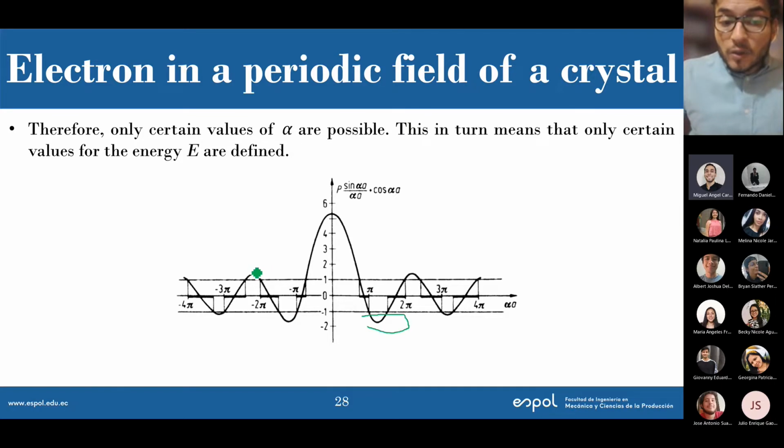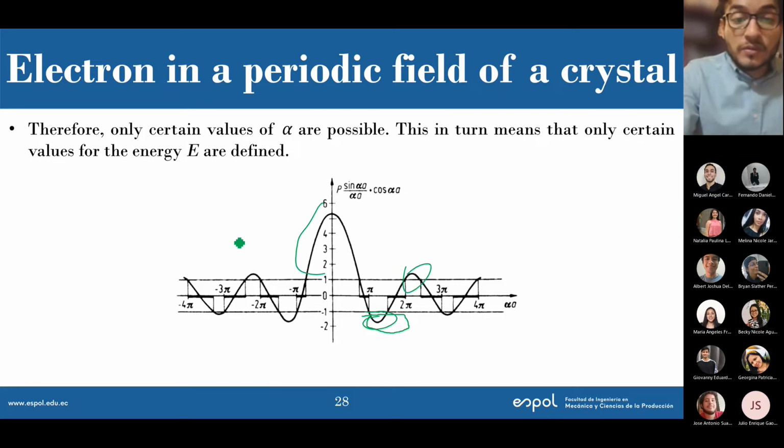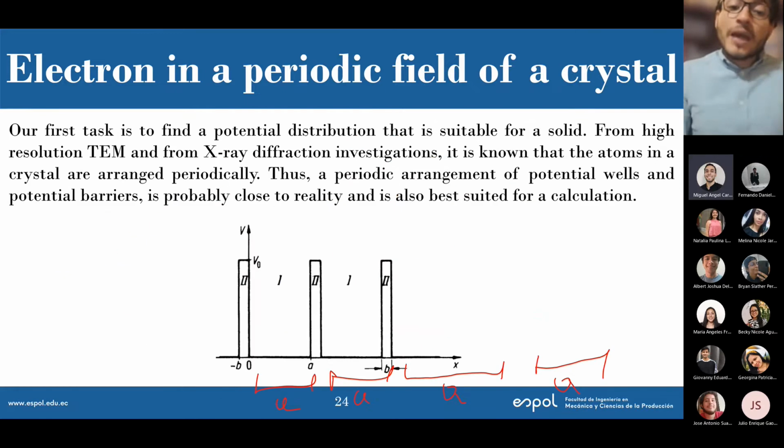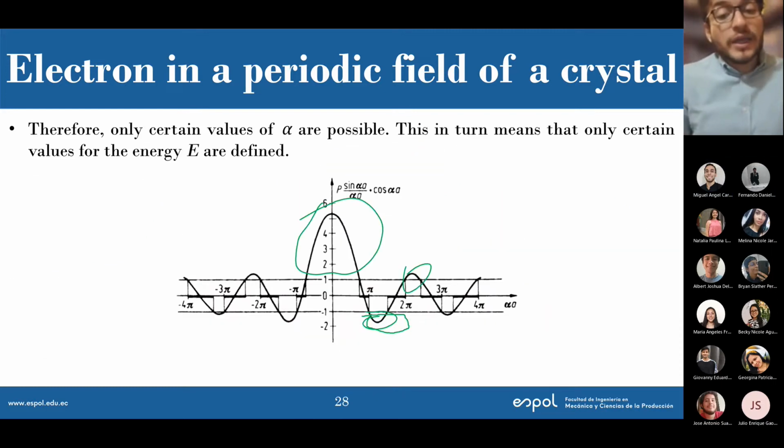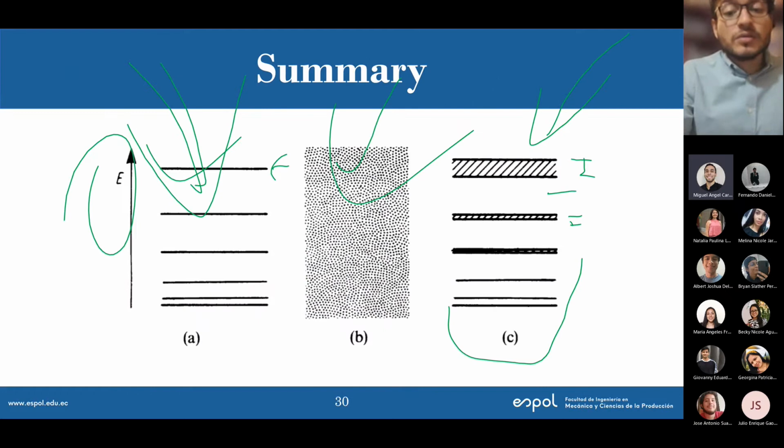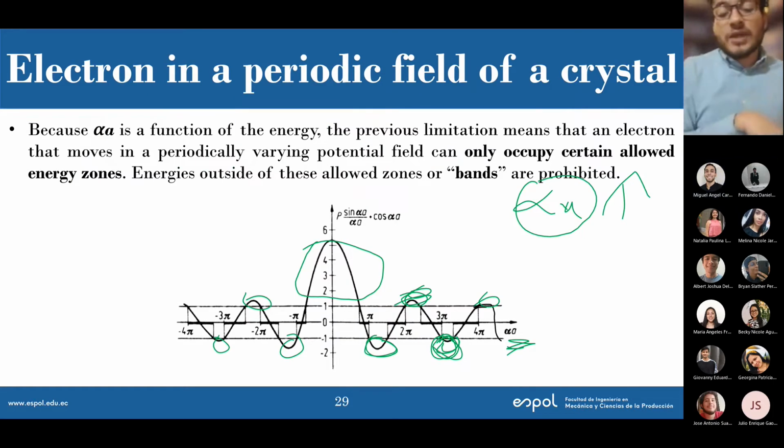When I use this relation that's basically plotted here, these gaps that I'm not allowed to use will become evident once I get the energy values, and I know, oh, here I don't have energies or values of energy allowed, and that's why I get these gaps here. And that's why I have these allowed values or bands of energy at certain levels. So it's not a direct relation, but yes, it is related. Okay.